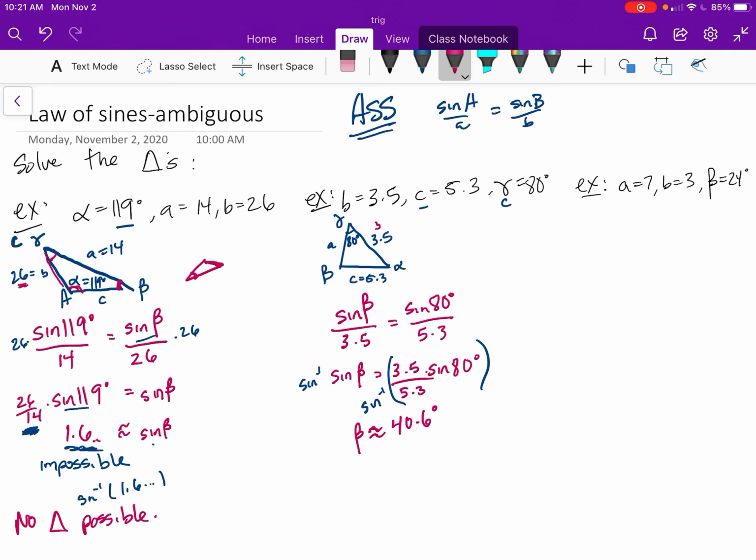Now here's one thing you have to check if you get an answer with ASS. We have to check, is there another possible triangle? And in this example, the answer is no. But how do we know that? Here's the idea. I'm going to draw a random angle up here, in quadrant 1.